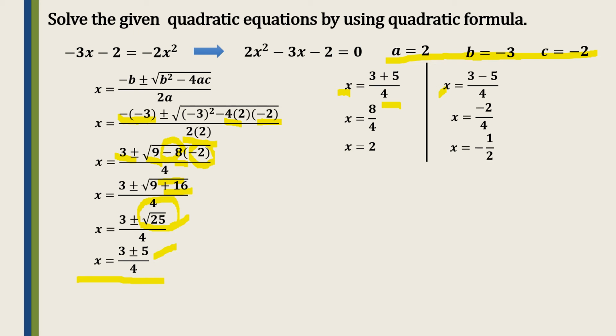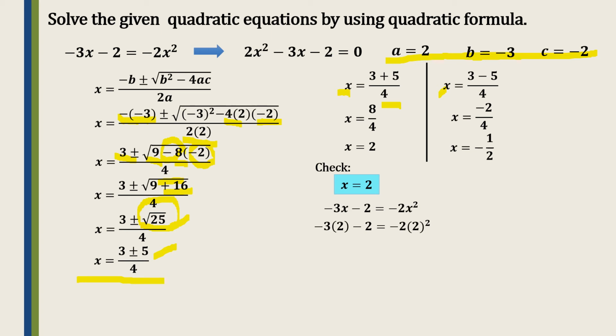I-check natin kung tama ang value ng x. Kung tama ang nahanap nating value ng x. Unahin natin ang x equals 2. Negative 3x minus 2 equals negative 2x squared. Palitan ang x ng 2.